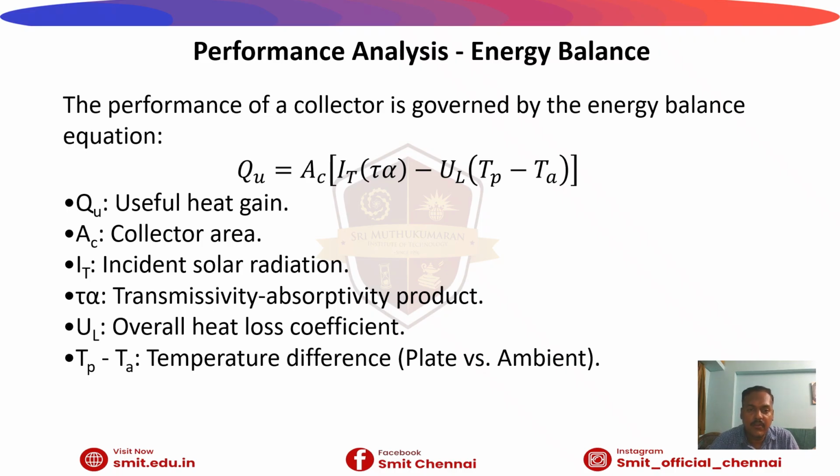Here QU is the useful heat energy gained by the absorber, AC is the collector area, and IT is the incident solar radiation. Tau alpha is the product of transmissivity and absorptivity. UL is the overall heat loss coefficient, and TP minus TA is the temperature difference between plate and ambient.